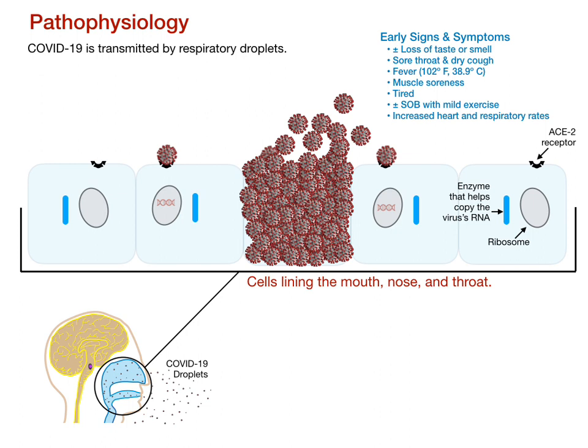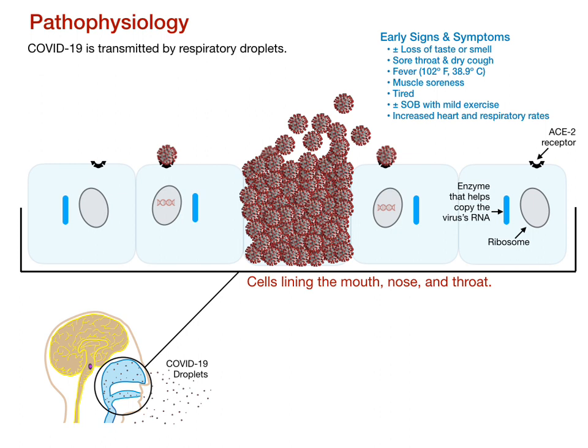The odd part is that these are early signs and symptoms of influenza as well, or a regular cold. So it's difficult in COVID-19 to tell if you're experiencing these signs and symptoms: is this a cold, is it the flu, or is it COVID-19? And remember, there's no treatment for this. We don't have a vaccine for this.